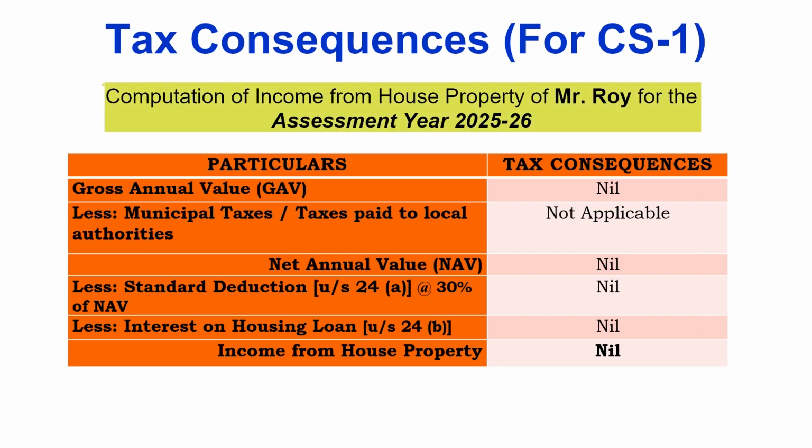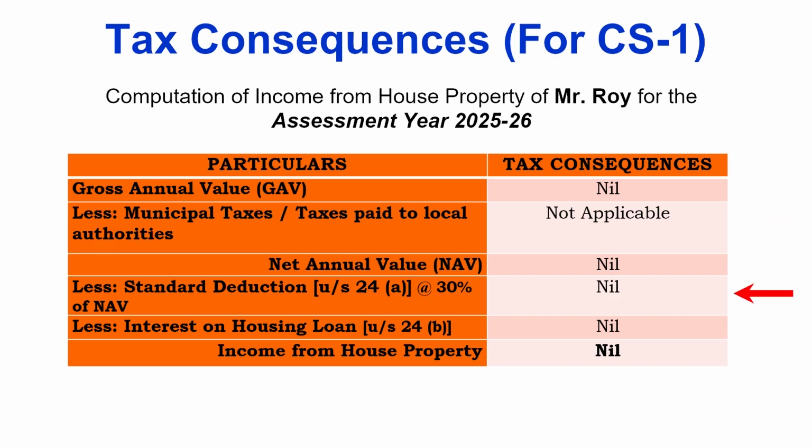Computation of income from house property of Mr. Roy for the assessment year 2025-26. Here gross annual value naturally will be nil. Municipal taxes or tax paid to local authorities, here it is not applicable, so net annual value is nil.